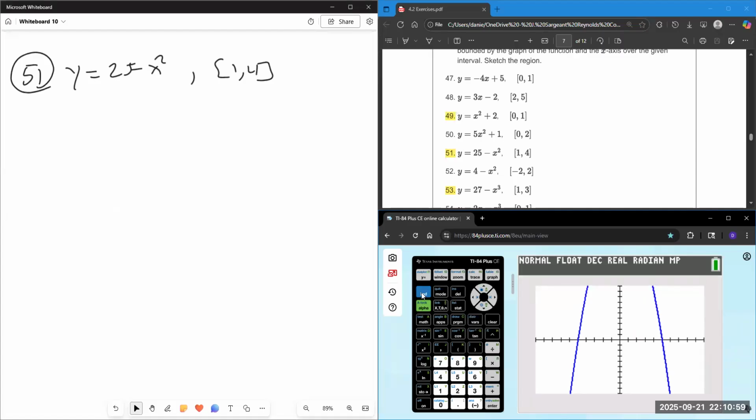And we're going to go second calc 7 from 1 to 4. And it says that A is going to be 54. Let's go ahead and check that. Delta x is 4 minus 1 over n, or 3 over n.